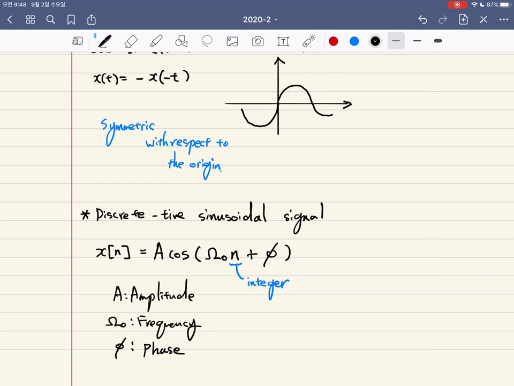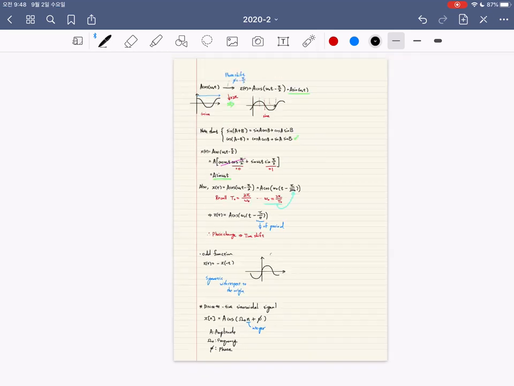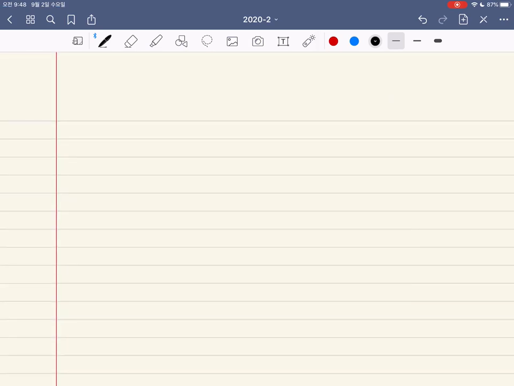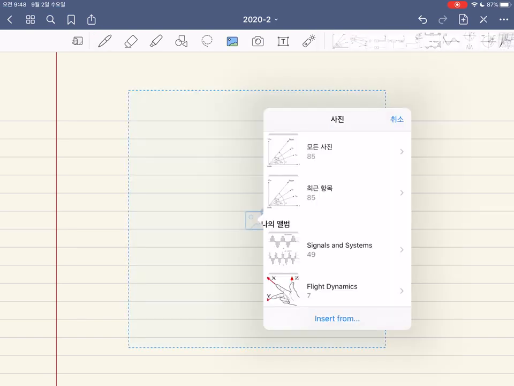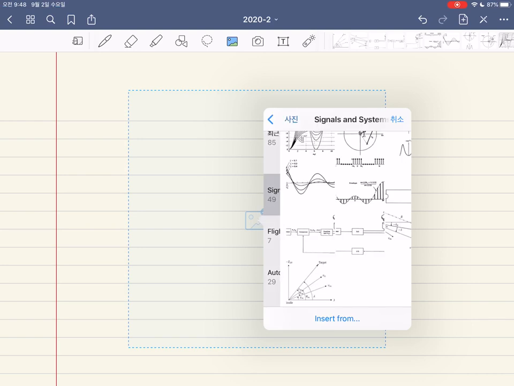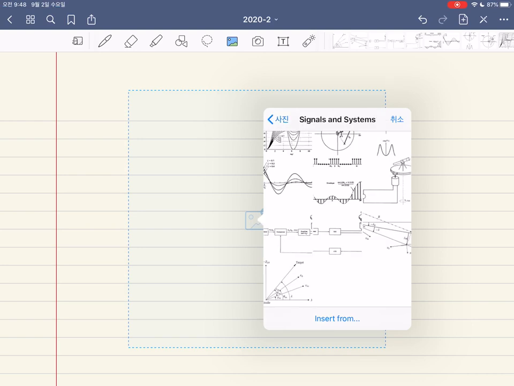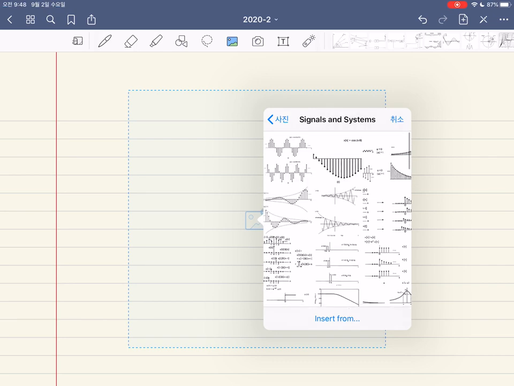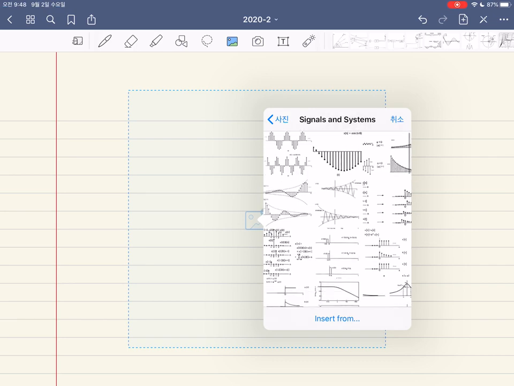So I would like to import some images because I don't want to draw them. I already uploaded these figures here on the AjuBB Blackboard, so you can download it.